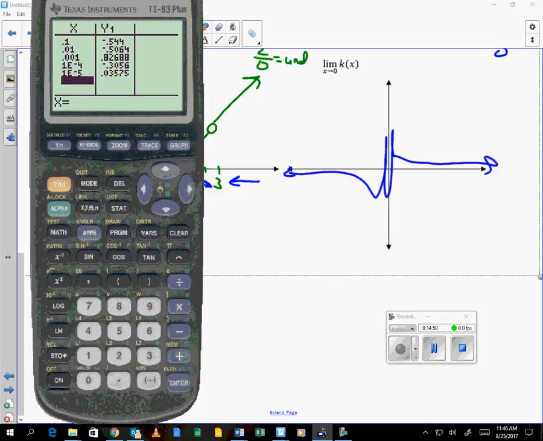I would suggest to you guys that there is no trend here. You can continue to type in more values, 0.000001, and you're never going to come to a spot there.